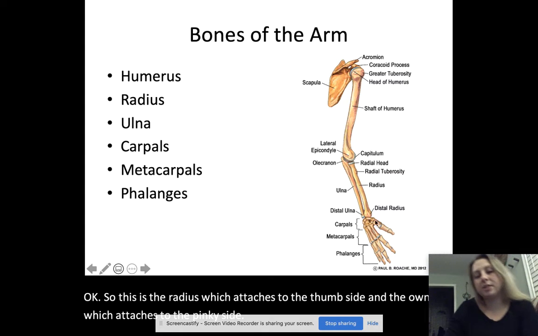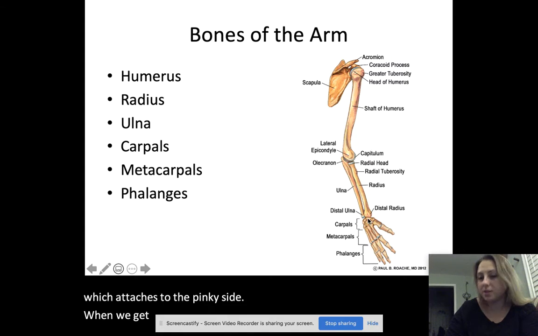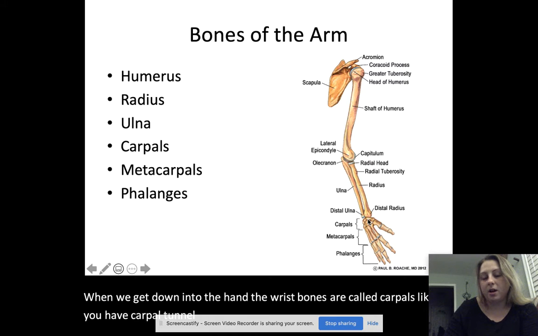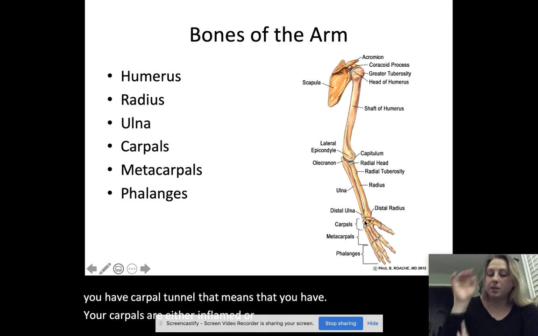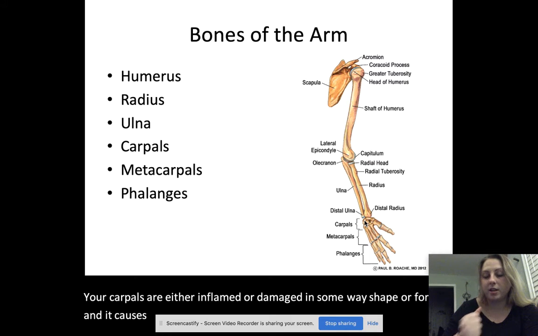When we get down into the hand, the wrist bones are called carpals. Like if you have carpal tunnel, that means that your carpals are either inflamed or damaged in some way, shape, or form, and it causes pain there in the wrist. Sometimes numbness or tingling or weakness in the hands. But your carpals are your wrist bones.